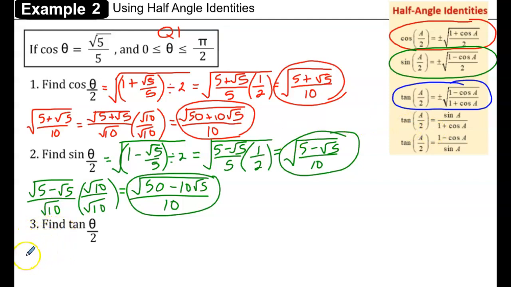So we're going to go ahead and, since we're in quadrant 1, use the positive square root of the quantity 1 minus the cosine of theta, which is root 5 over 5. And that is divided by 1 plus the cosine of theta, and cosine again is root 5 over 5.